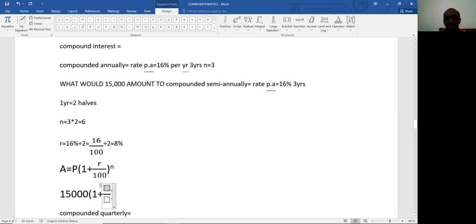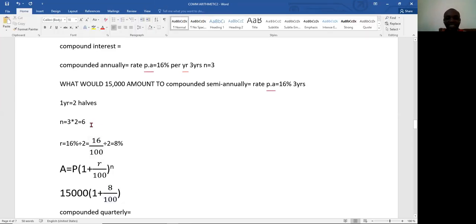Then you see the time period is 6, because it is 3 years semi-annually. So 3 times 2 is 6, which is into power 6. You put that in the calculator, and then you just get an answer.